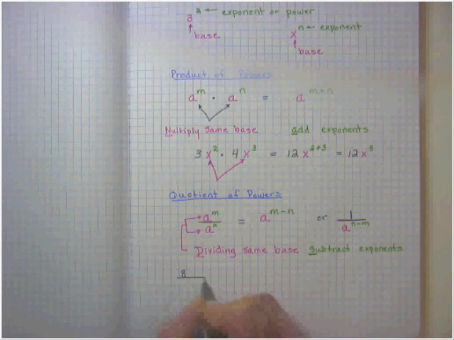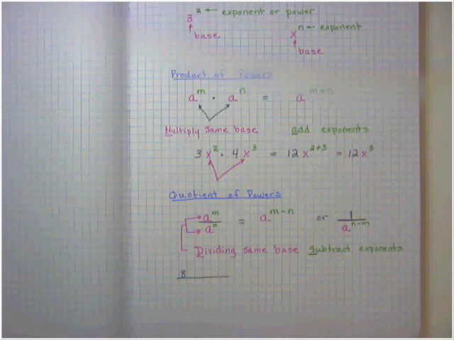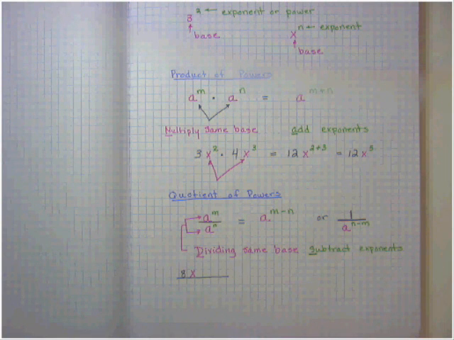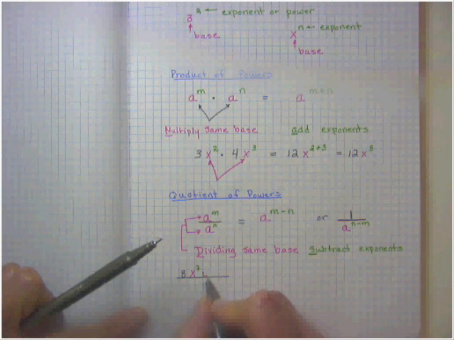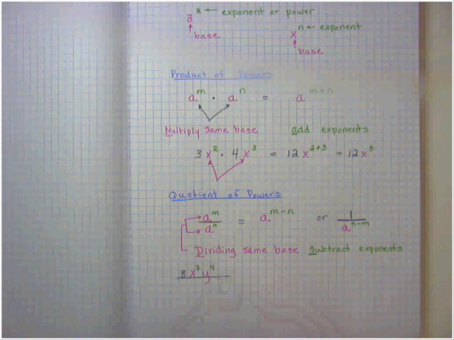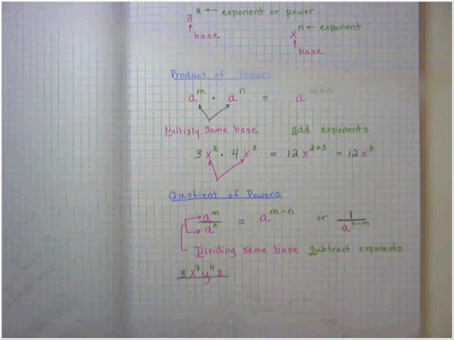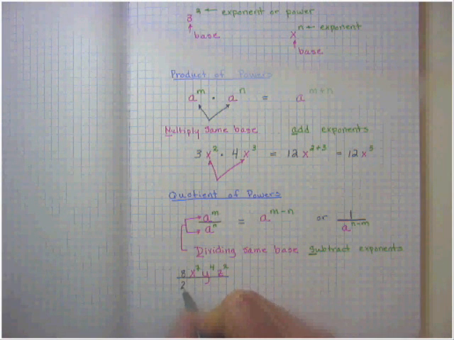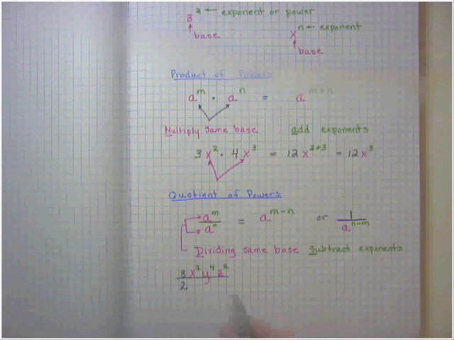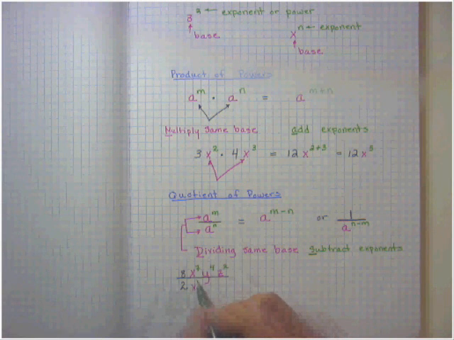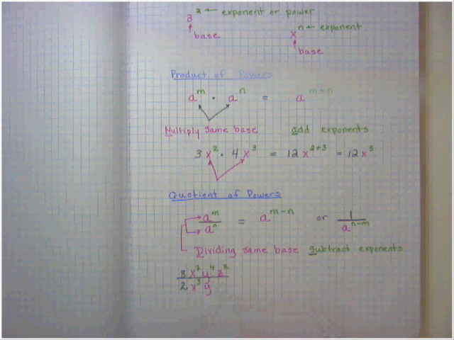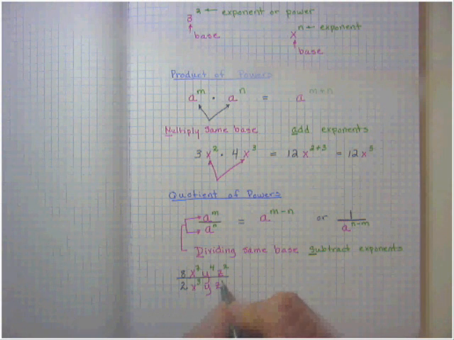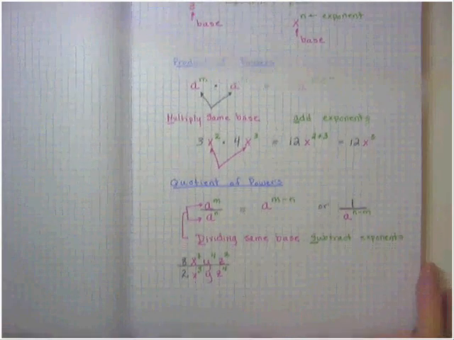So I'm going to have 8x to the 7th y to the 4th z squared, all divided by 2x to the 3rd y and z to the 4th. Okay, so there's a lot going on there.